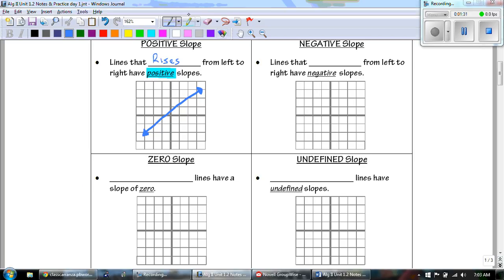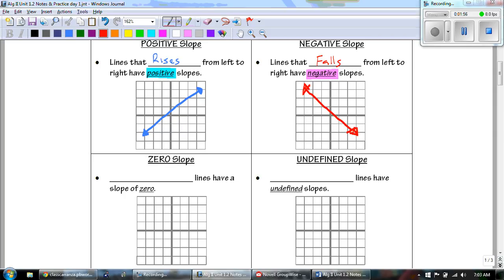All right. Another type of line, a line with a negative slope, that is a line that falls from left to right. And that we would say has a negative slope. So just from left to right, it is going down.